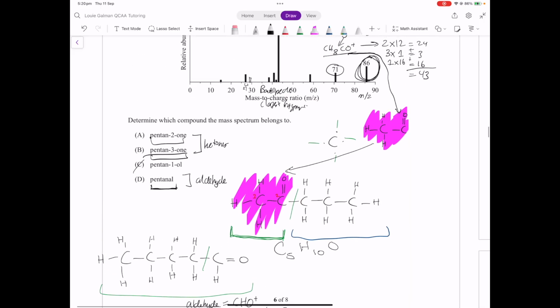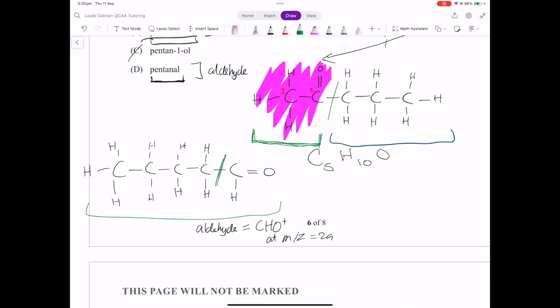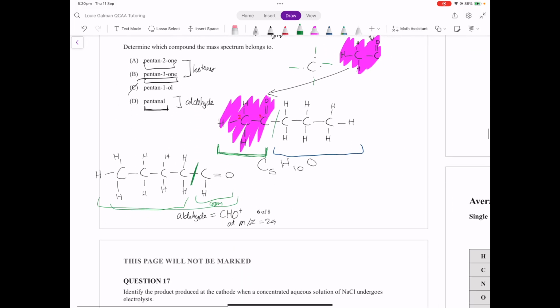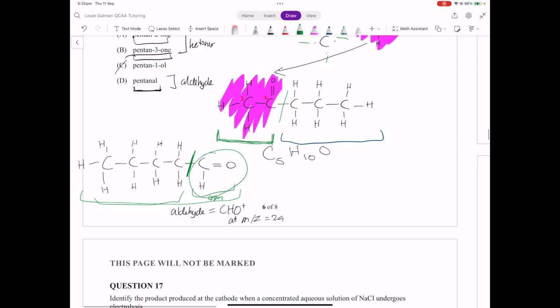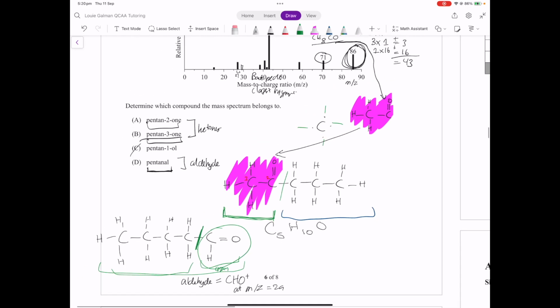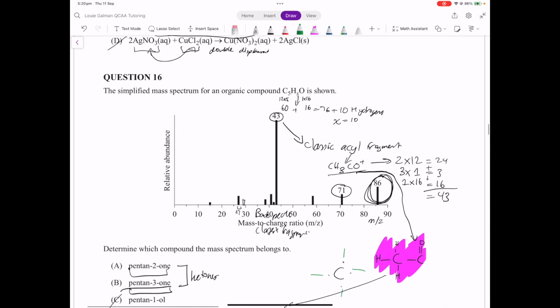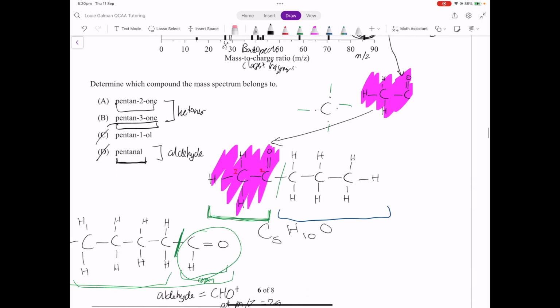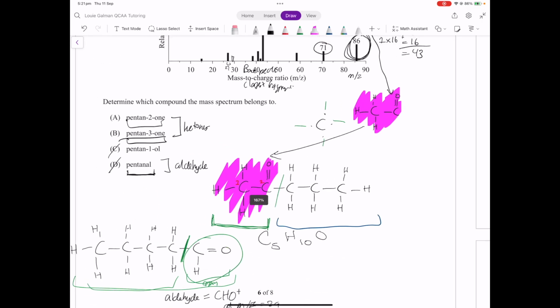If it was an aldehyde, we would have this thing to separate the carbonyl groups and the alkane group, but the mass of 29, which would be this circle in green, isn't really defined on this mass spectrum, so we can safely assume that it's going to be one of the ketones, right? And then from that we have to choose, is it pentan-2-one, which is what I've drawn here, or is it pentan-3-one?